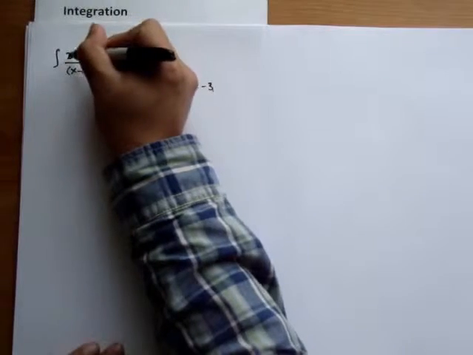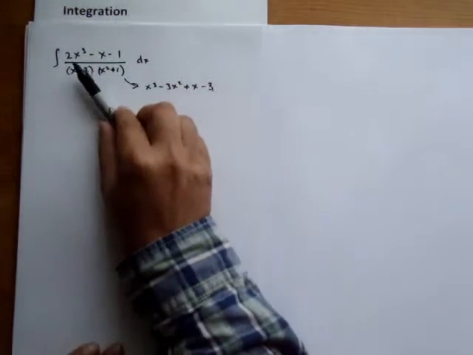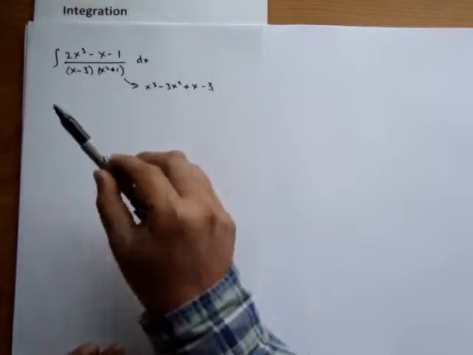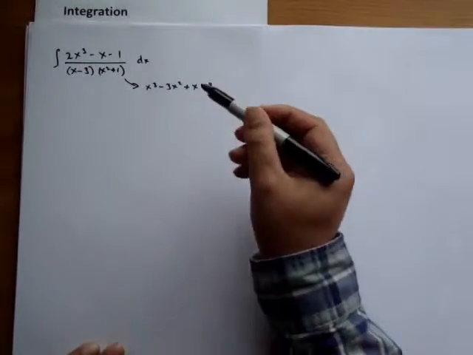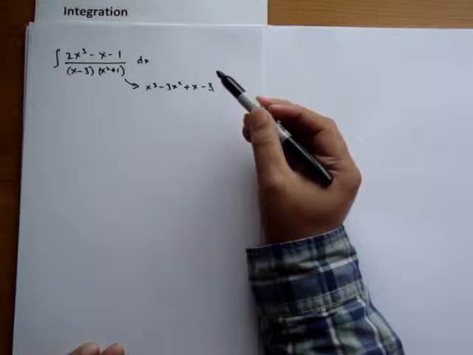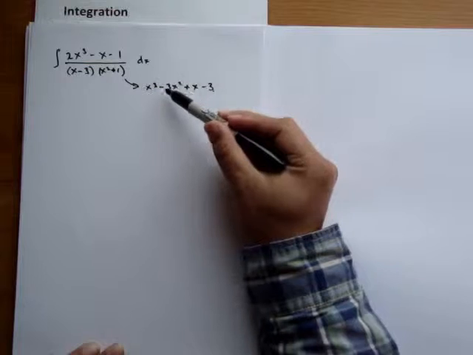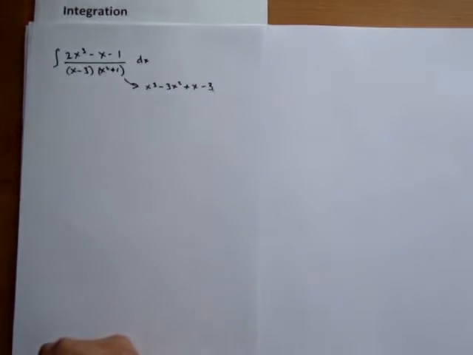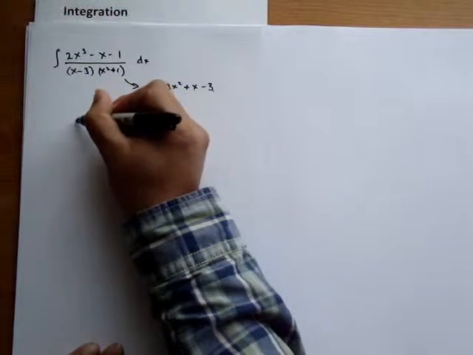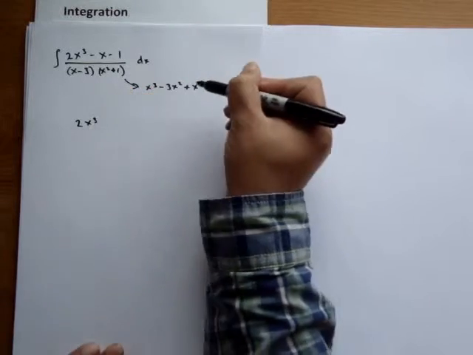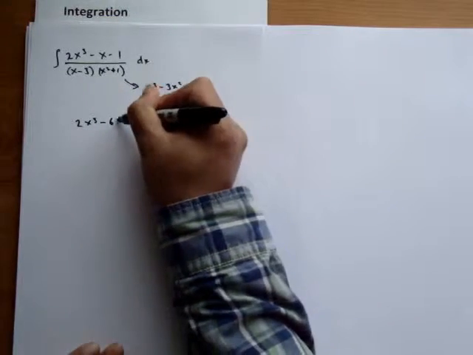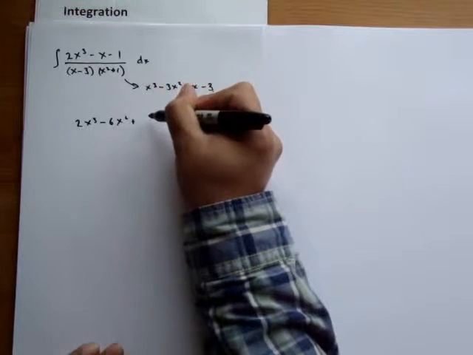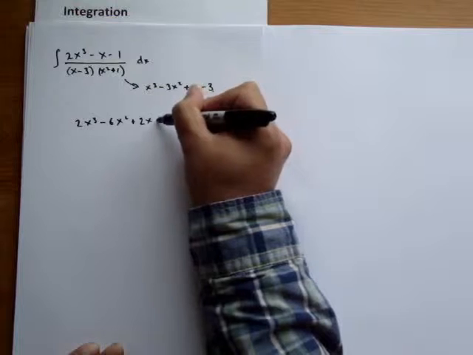We notice that when we do algebraic long division that we've got a factor of 2 involved. So what we do is we multiply 2 into this, which is our divisor in the long division. So what we get is 2x cubed minus 6x squared plus 2x minus 6.